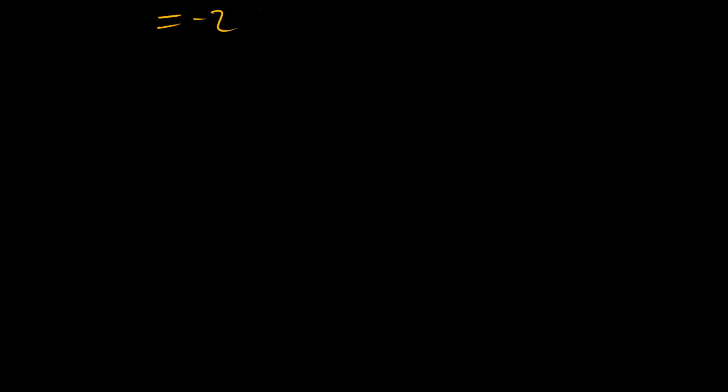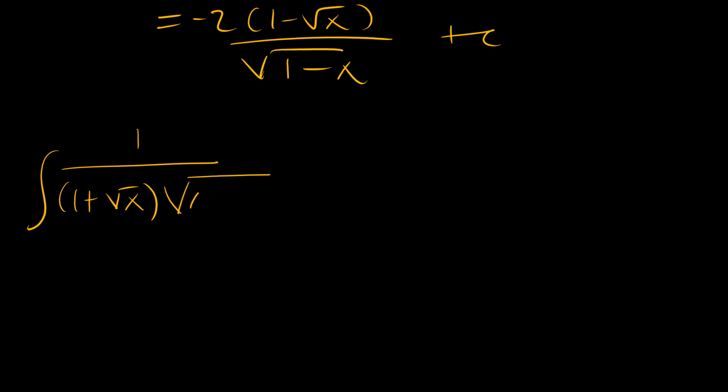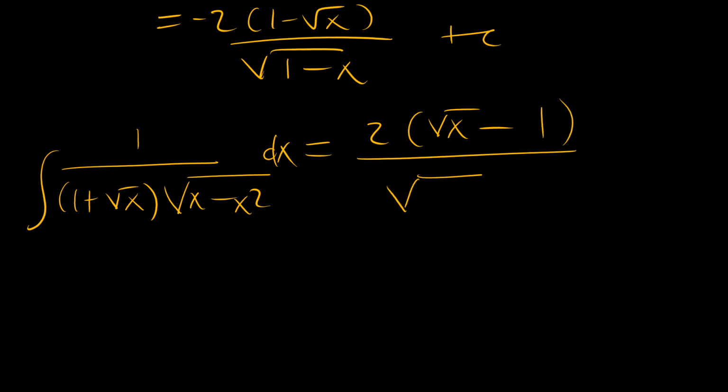This is what we had: 1 minus square root of x over square root of 1 minus x plus c, and that means that our big integral that we started with is the same as 2 times square root of x minus 1 over square root of 1 minus x plus c.